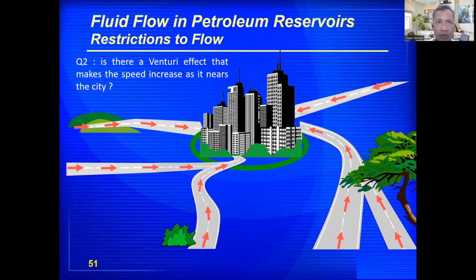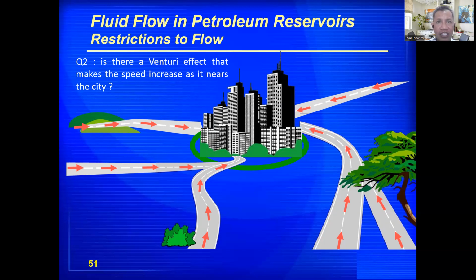If you were to look at the pressure profile, the pressure drop from the edge of the reservoir through the fracture into the wellbore, in most cases 50% of the pressure drop actually occurs within 20 to 30 feet of the wellbore.